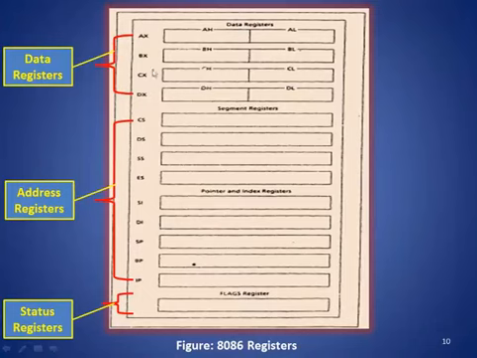These four registers are going to be considered general purpose registers. Then you have the code segment, data segment, stack segment, extended segment, source index, destination index, stack pointer, base pointer, and instruction pointer.